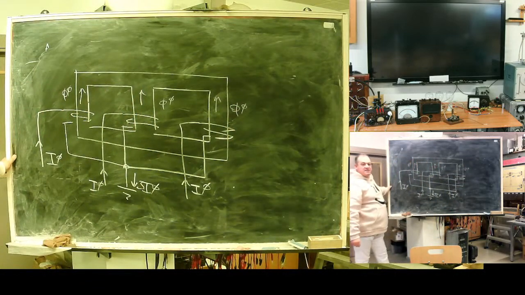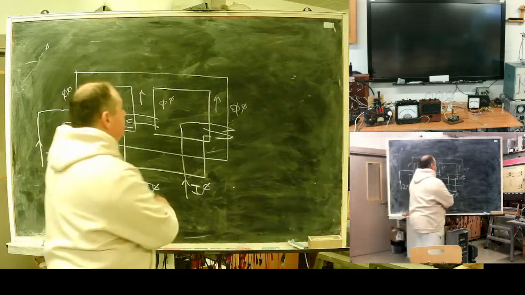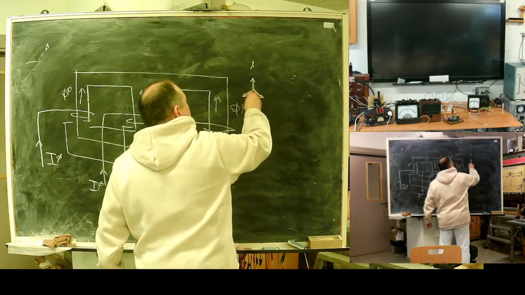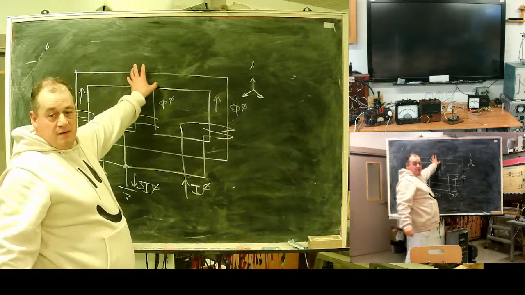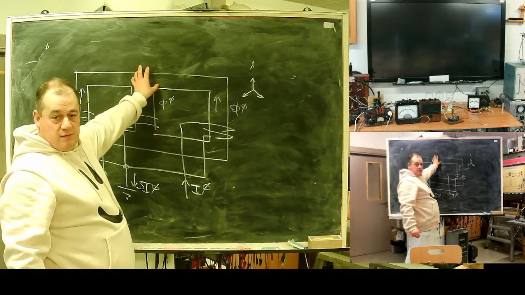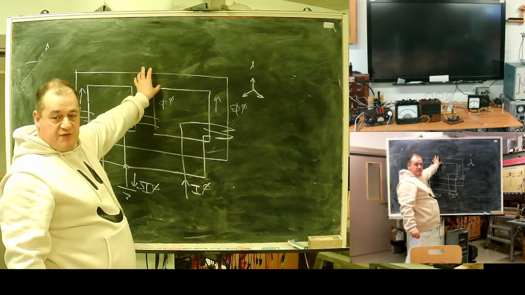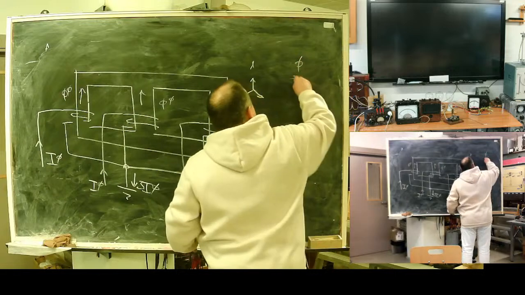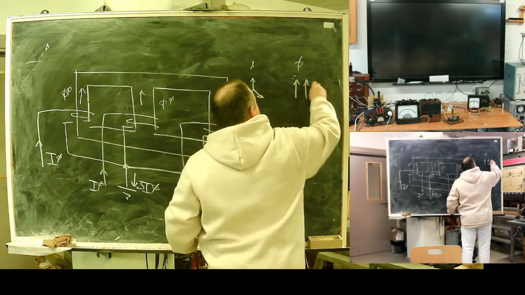For direct sequence flux, we have something like this. And here, in the closing section, some of the flux will be 0, no problem. For zero sequence flux, we see this.